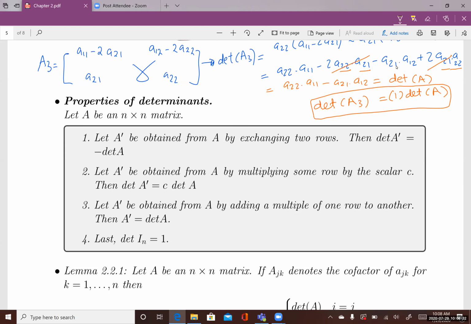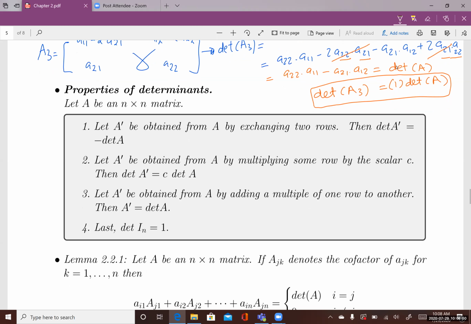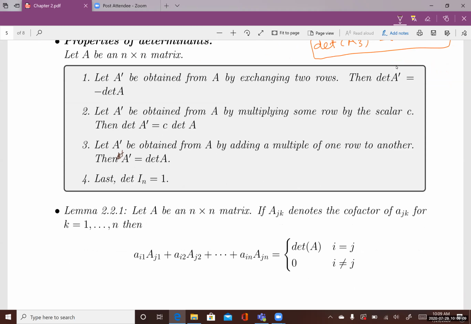If A prime is obtained from A by exchanging two rows, then the determinant of A prime equals the negative determinant of A. If A prime is obtained from A by multiplying some row by a scalar C, then the determinant of A prime equals C times the determinant of A. If A prime is obtained from A by adding a multiple of one row to another, then the determinant of A prime equals the determinant of A. The determinant of an identity matrix is 1, as we know.